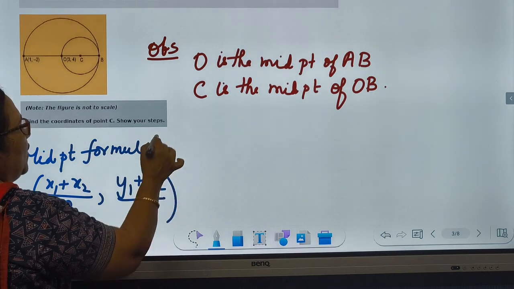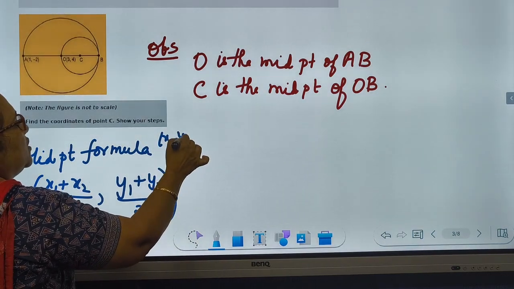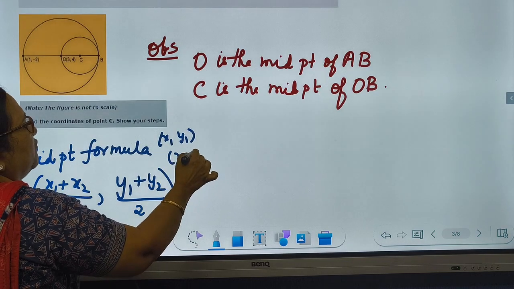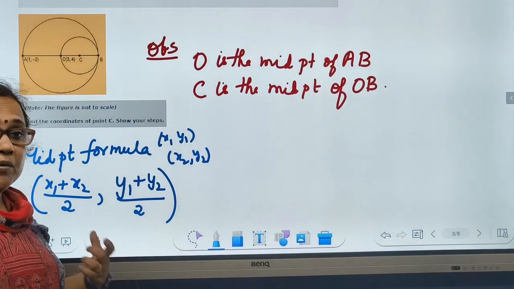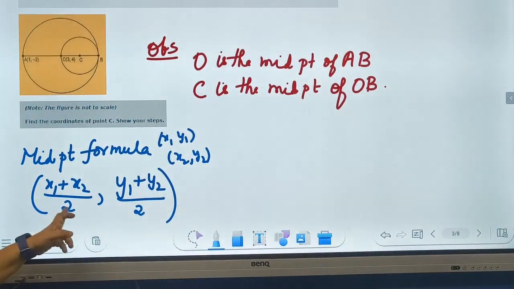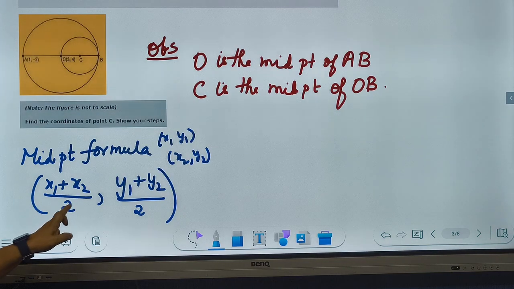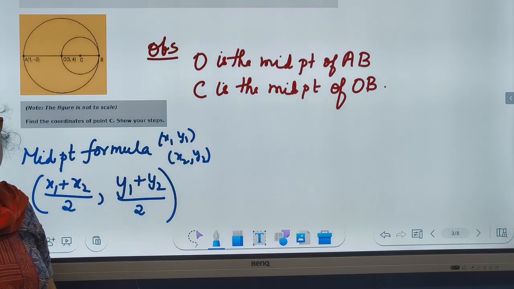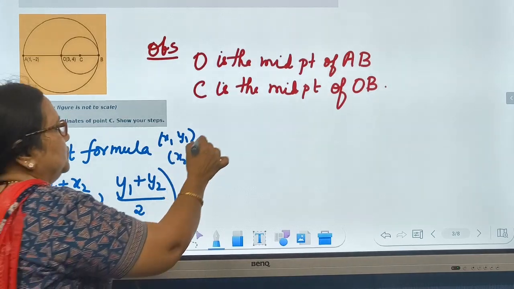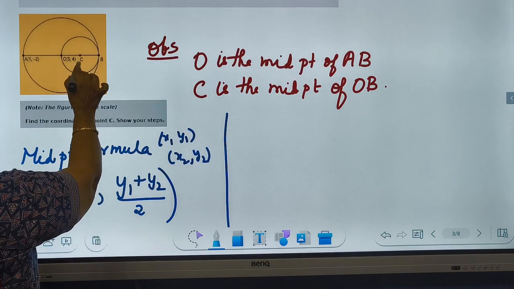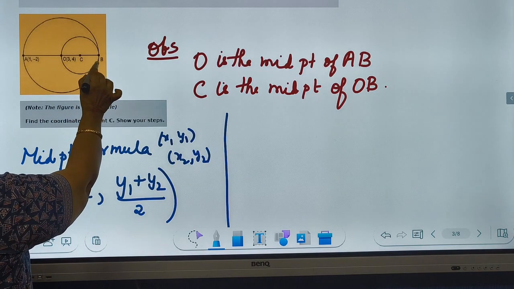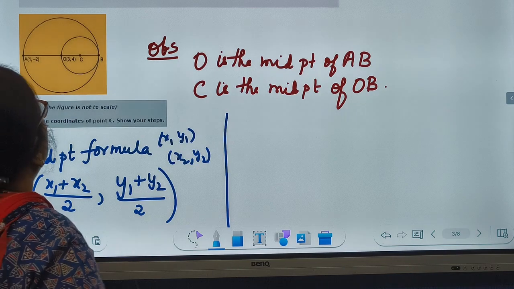So if (x1, y1) are the end coordinates of a line segment for which you are finding the midpoint, then the coordinates of the midpoint is given by (x1 plus x2 by 2, comma y1 plus y2 by 2). Now the aim is to find the coordinates of C, but C is the midpoint of OB, so I need to know the coordinates of B.